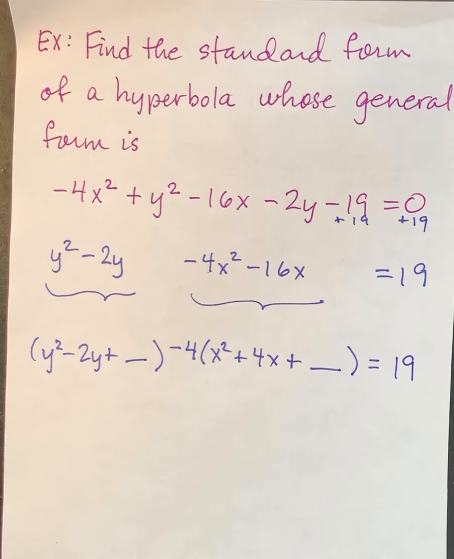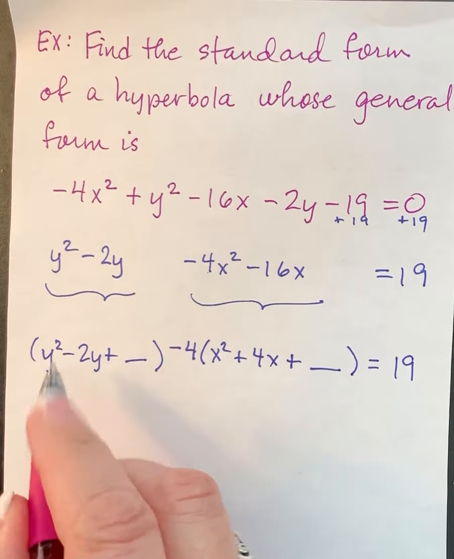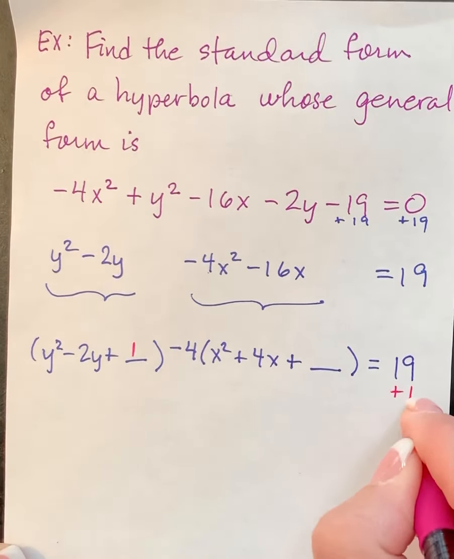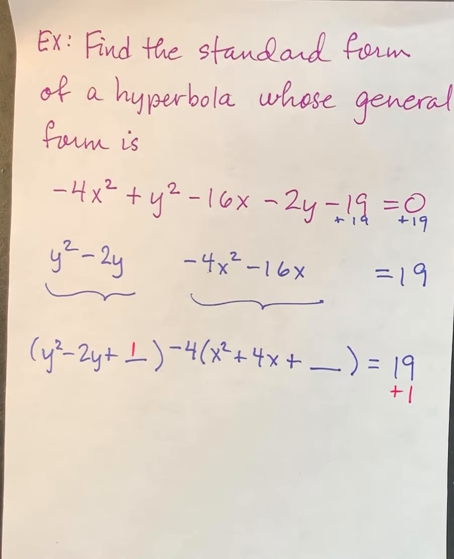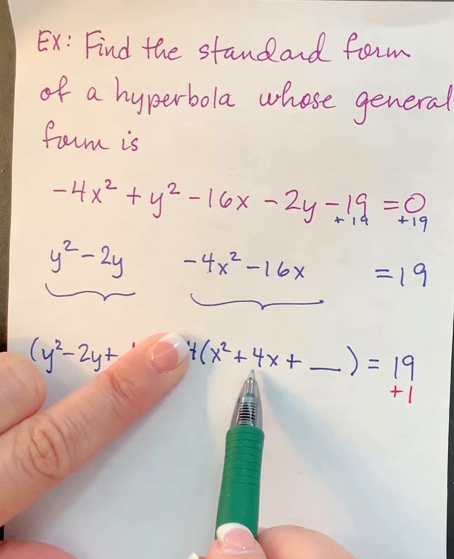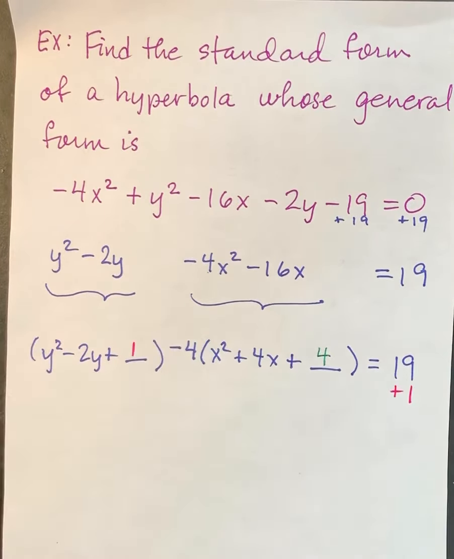Okay, so it's the same process when you get to this point. Negative 2, take half of that and square it, so that would be 1. So we're adding 1 over there. For x, negative 4, divide that by 2 and square it, so that gives you 4. Now, you didn't really just put 4.